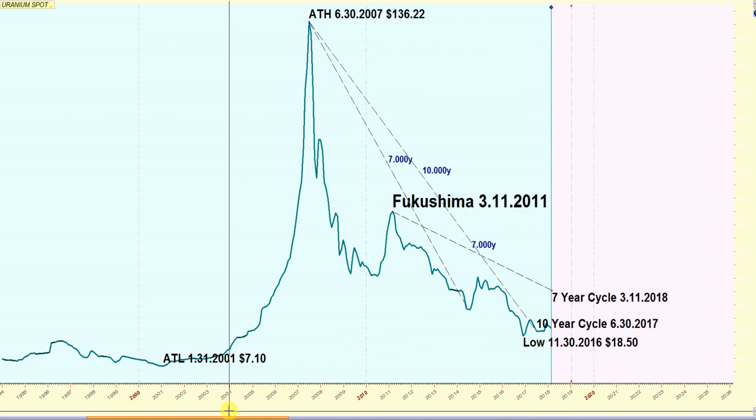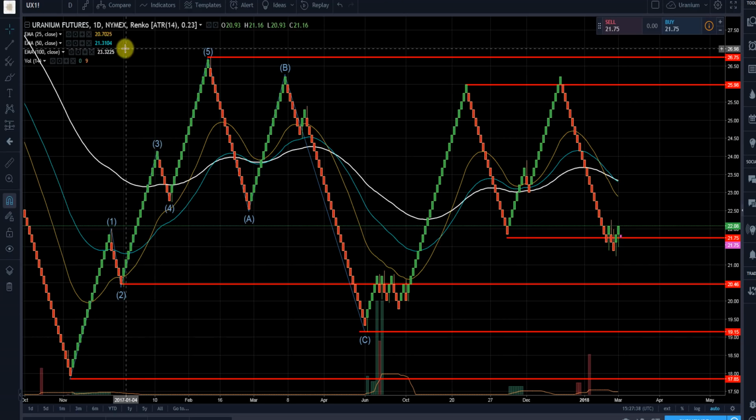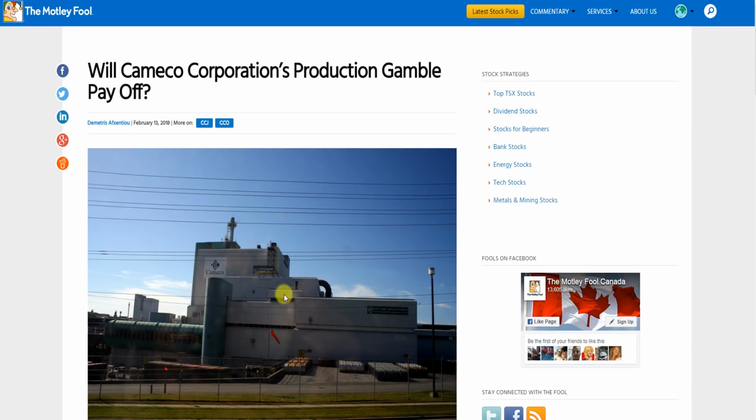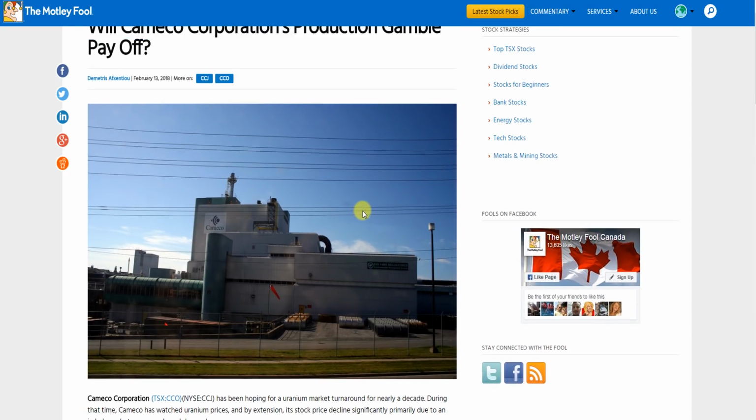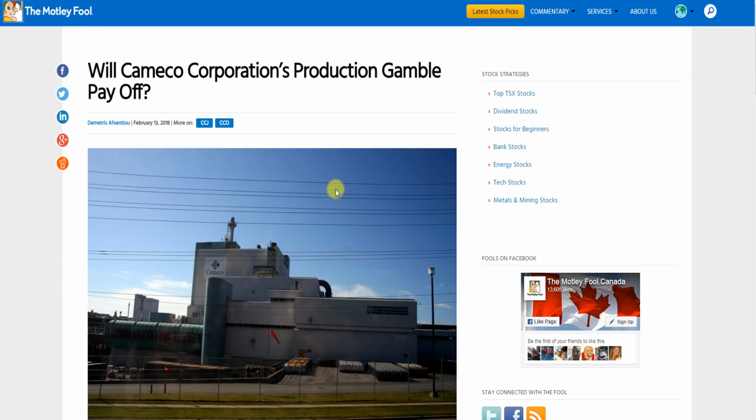And you can see the news of all these, Kazatomprom and Cameco, hey, we're going to lay off people. We're shutting things down. And maybe this month they might have an announcement that they're going to shut down even more facilities. Kazatomprom might be shutting down more stuff.